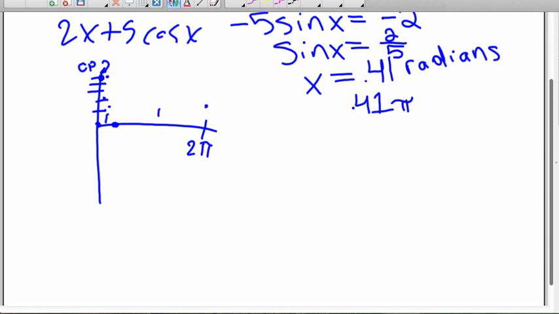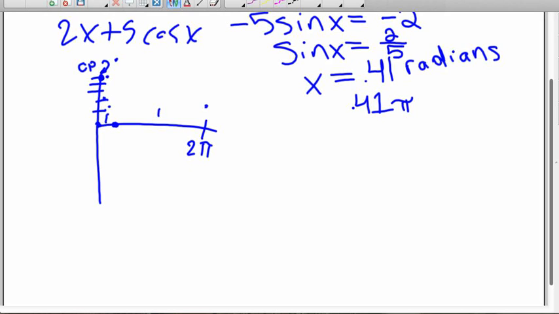5.4 on 0.41. That's not a critical point. No, I thought it was. This is 5.4, which would be your critical point, and then 2 pi is... 4 pi plus 5.